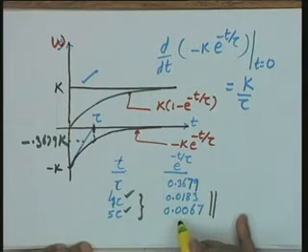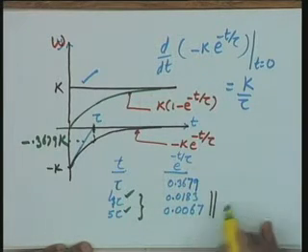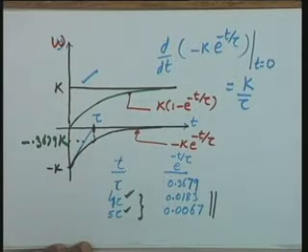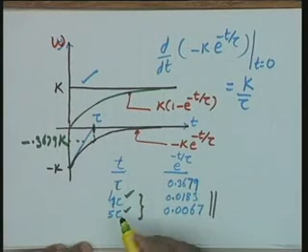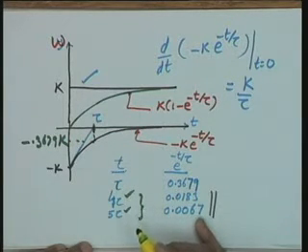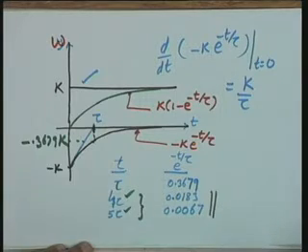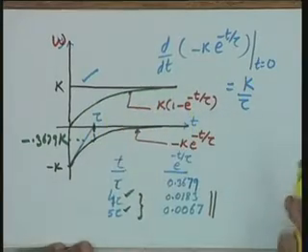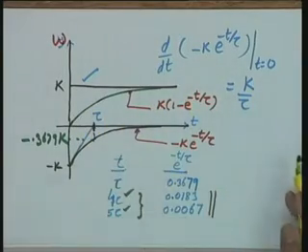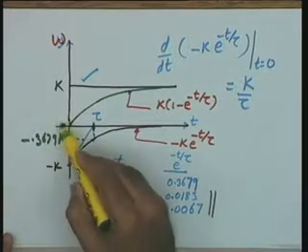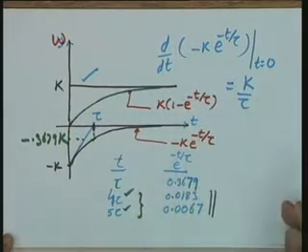The practical value in this particular case 0.0067 can be taken as approximately equal to 0, and therefore, in a time roughly equal to 4 to 5 time constants, the transient of the system has decayed, or equivalently I can make a statement, the system has settled down to the final steady state. After all, this is the total time response, this is the total curve of the system. The system has settled down to the steady state in 4 to 5 time constants.